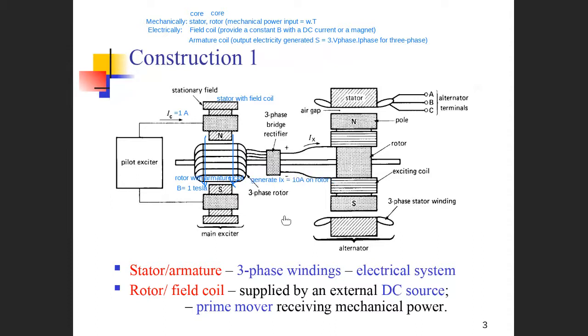We are using a small generator here that generates 10 amperes on the rotor itself. Because under whatever conditions, the internally generated voltage or current is an AC current.